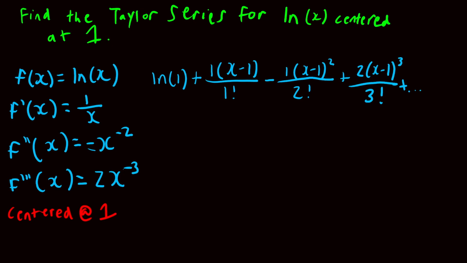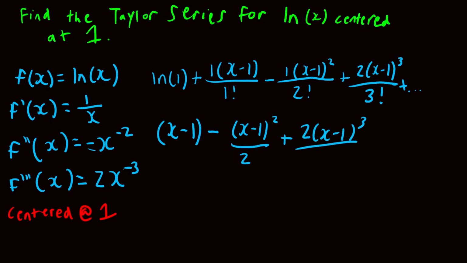We can start simplifying. Well, ln of 1 is just 0, right? So I'm just not going to write that. So now we have (x minus 1) over 1 factorial, which is just 1, minus (x minus 1) squared over 2 factorial, which is just 2, plus 2 times (x minus 1) cubed over 3 factorial.